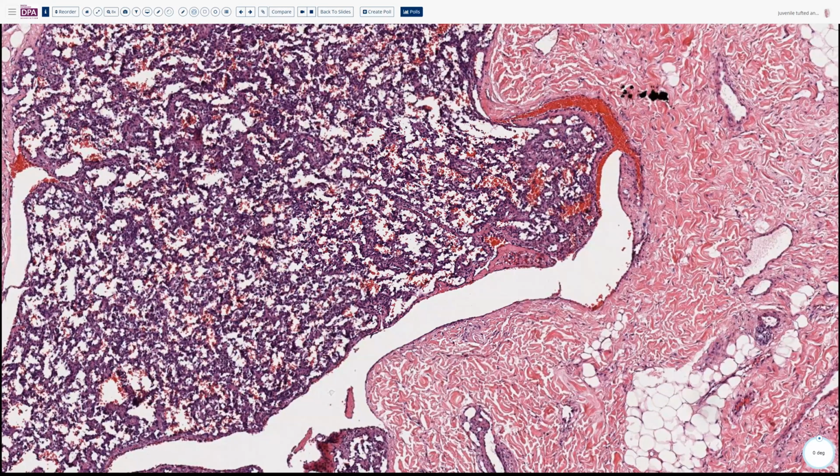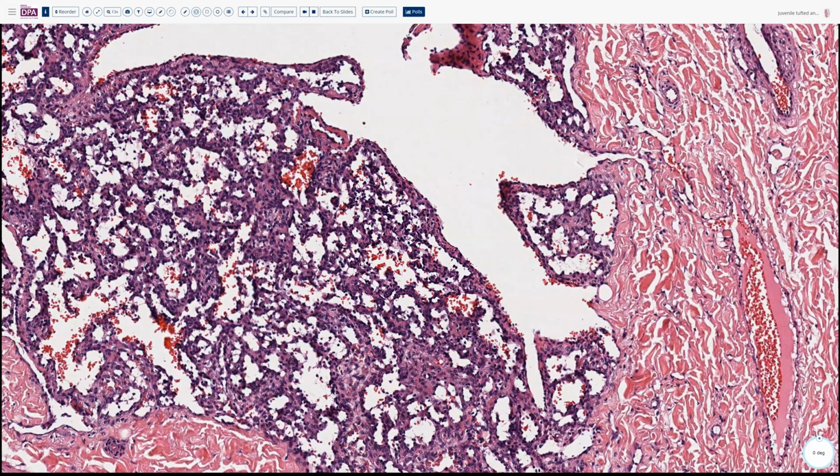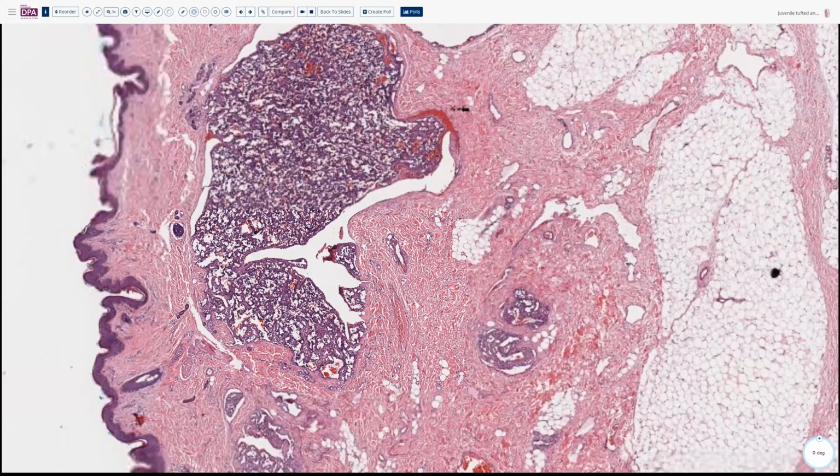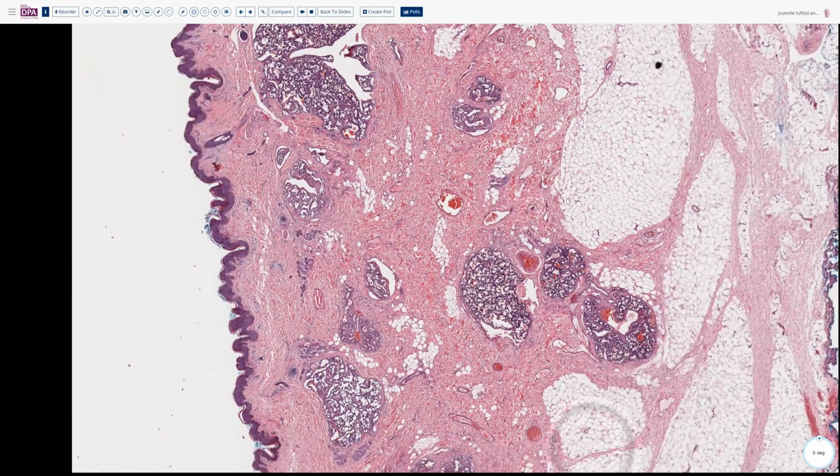It's involving many of the vessels and has these very thin-walled nature to it, rather than this fairly common, more solid areas that you see in the glomeruloid angioma. And it's multifocal around the periphery of these vessels. Like the glomeruloid angioma, it has multiple vessels involved in a particular area. So it can be fairly similar in that way as well.